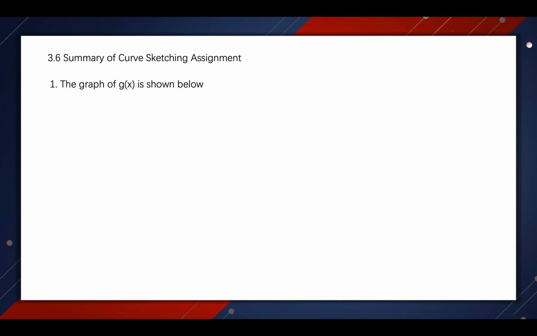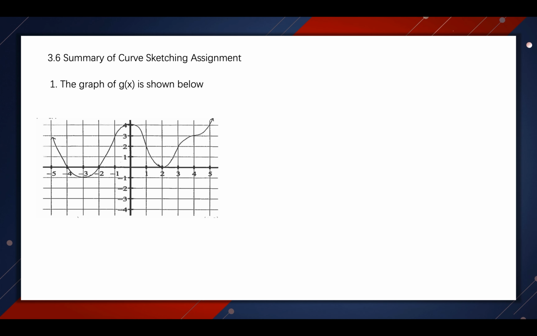Here is the summary of the curve sketching assignment. The graph of g prime of x is shown below, so we also need to find the features of the graph of g of x. Firstly, the critical point is when the first derivative equals 0, and in this graph it is when the curve has a horizontal tangent line, so it is when x equals negative 3 and x equals 0 and x equals 2.